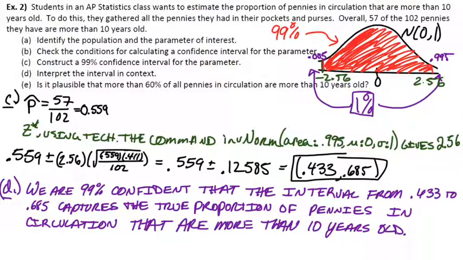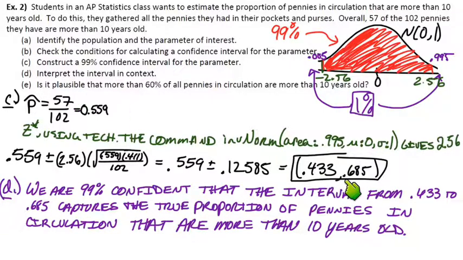All right, and the last bit here, and probably the most important piece for a statistician. Is it plausible that more than 60% of all pennies in circulation are actually more than 10 years old? And you need to use the interval to answer that question. And I think our answer should definitely be yes, right? Our interval goes up to 0.685, so the fact that our interval includes 0.6 and goes above it even suggests that it's definitely plausible, right?